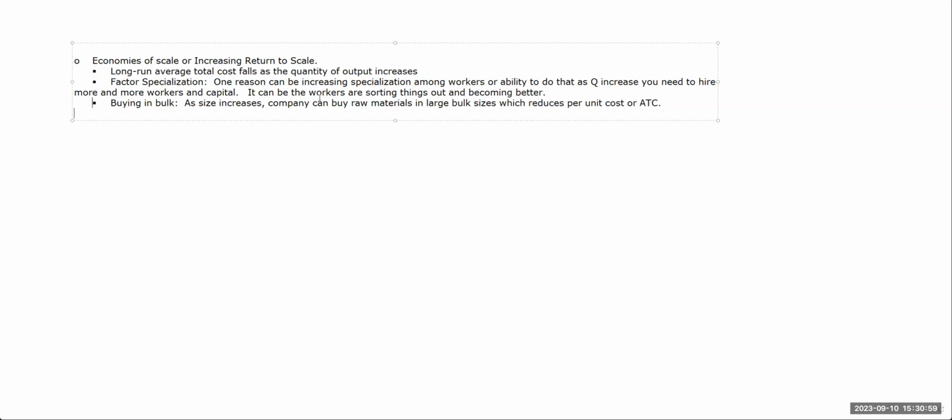These are the two reasons that I found why, as you increase your output, you could have lower average total cost. All right, what about the other side? This diseconomies of scale. How can that happen? Basically, it's called government.